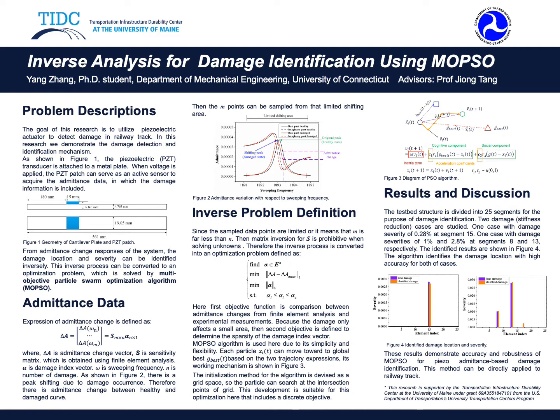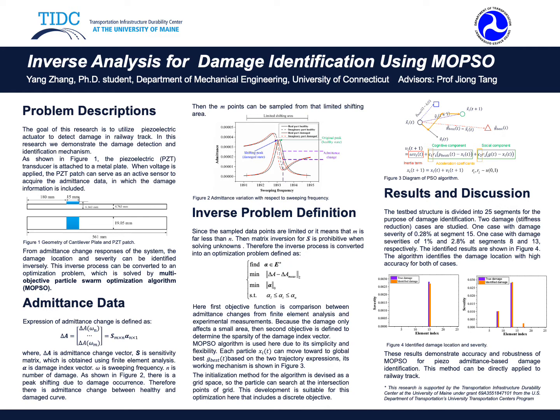As shown in figure 1, the PZT transducer is attached to a metal plate. When voltage is applied, the PZT patch can serve as an active sensor to acquire the admittance data. In this data, the damage information is included.